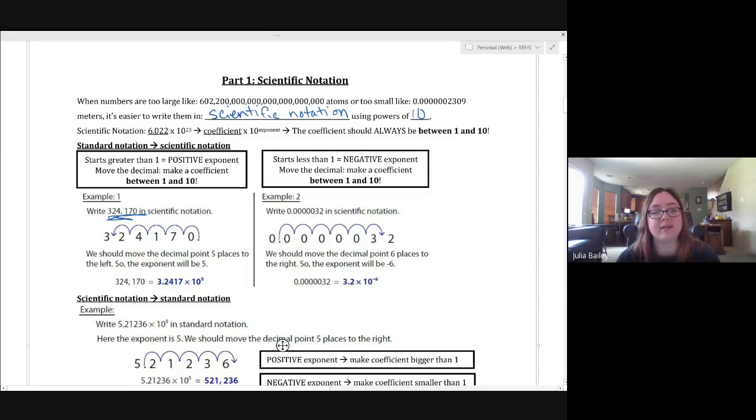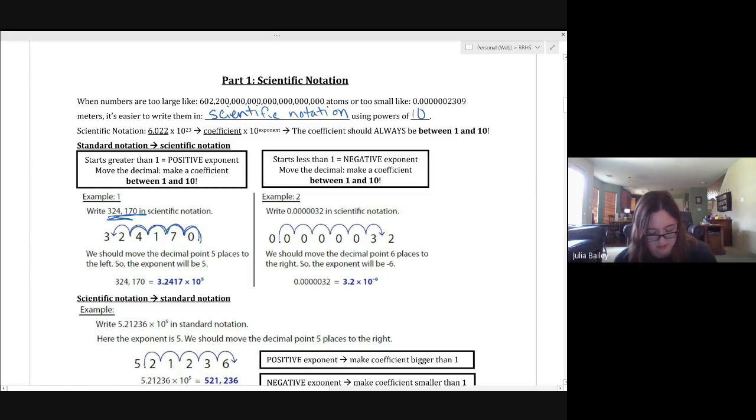Well, if I'm trying to make this look like a number between 1 and 10, and I start moving the decimal this way, I'm getting further away from that range of 1 to 10. If I move the decimal like whoop, whoop, whoop, whoop, that's getting further and further away. That's getting a bigger and bigger number that's getting away from 10. So I'm going to want to move it this way.